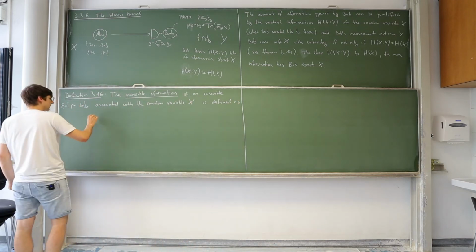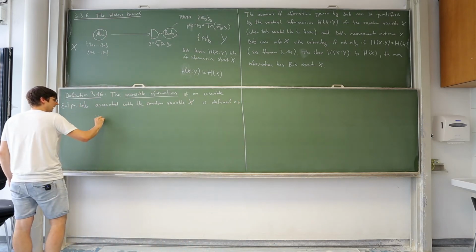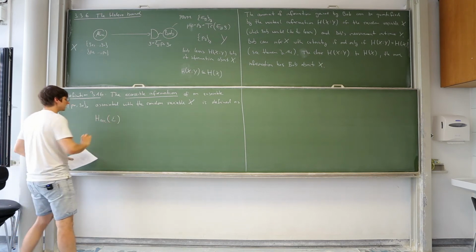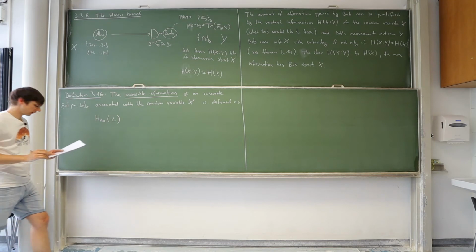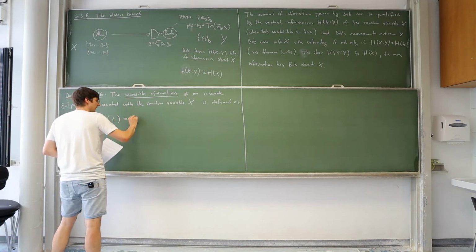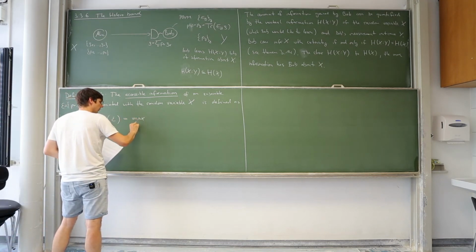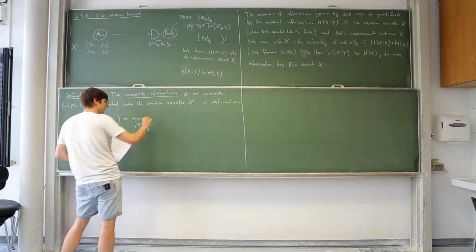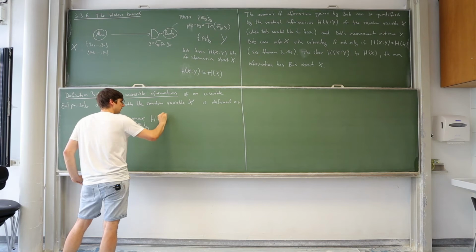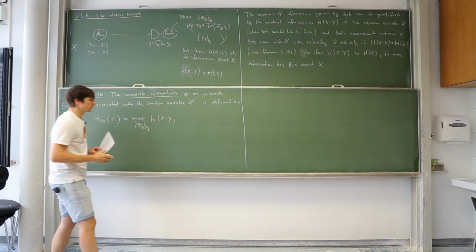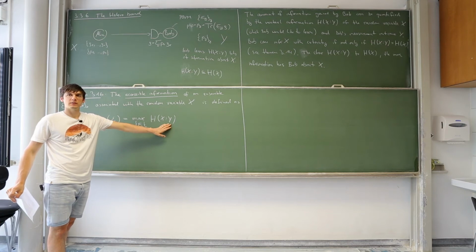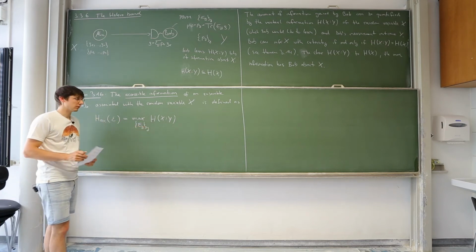So we write this as the accessible information of this ensemble given by a maximization over all POVMs, and we maximize over the mutual information of this random variable x and the random variable associated to the measurement outcome.